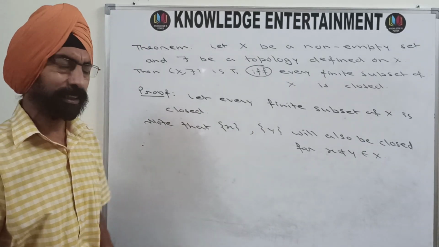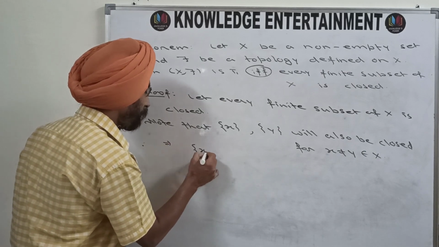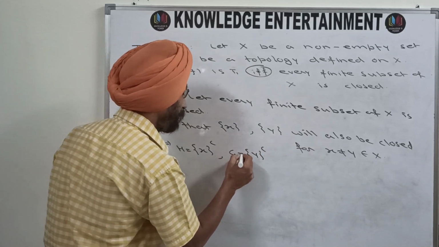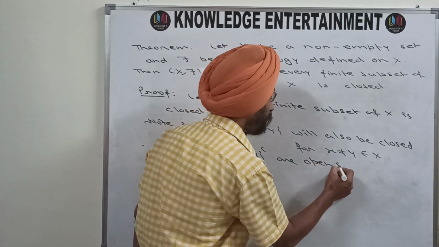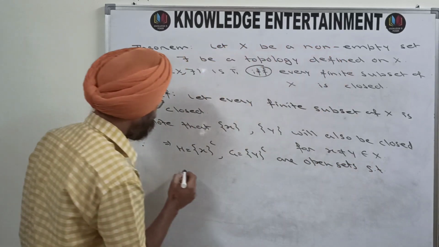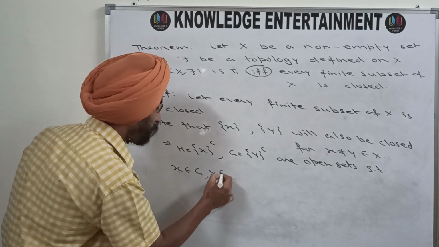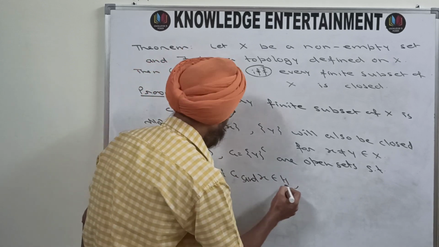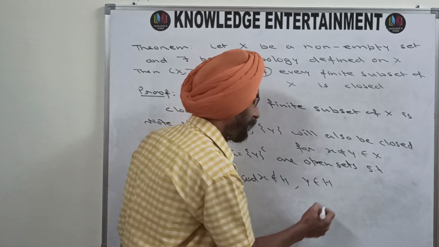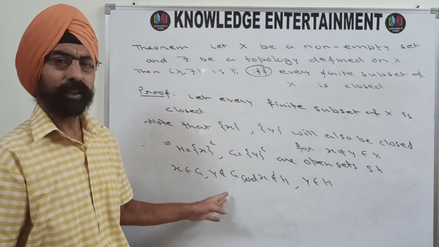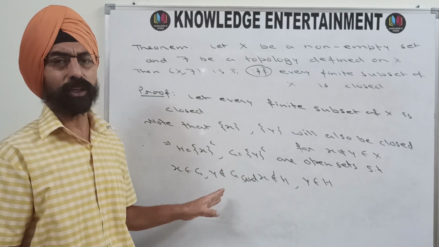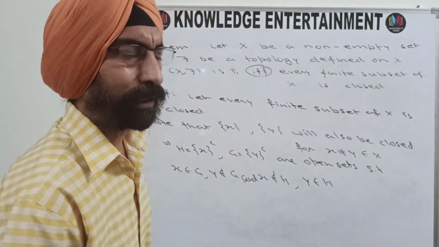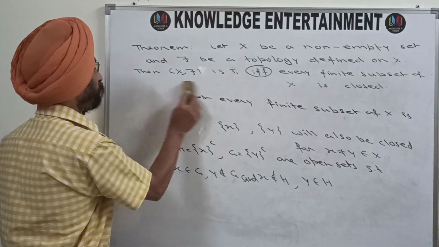Now these two are closed sets, so this means their complements, {x} complement H and singleton set {y} complement G, are open sets such that x belongs to G, y does not belong to G, x does not belong to H, y belongs to H. So we have just used the concept used in the previous theorem, and this proves that the space is T1.